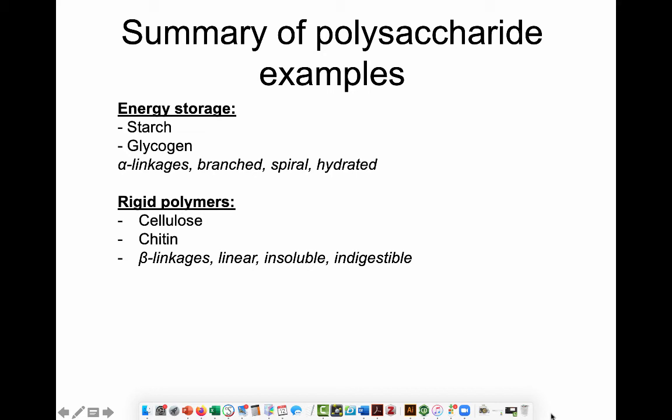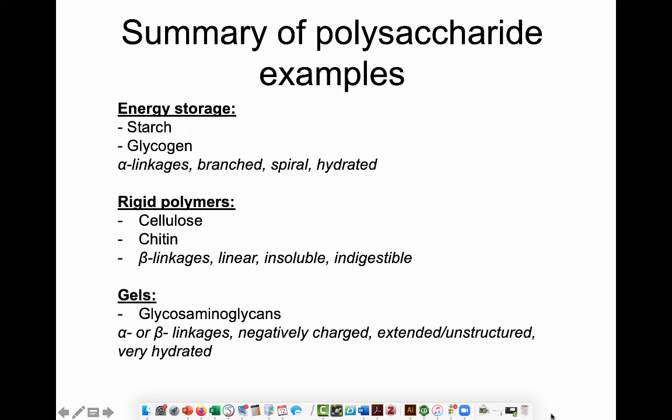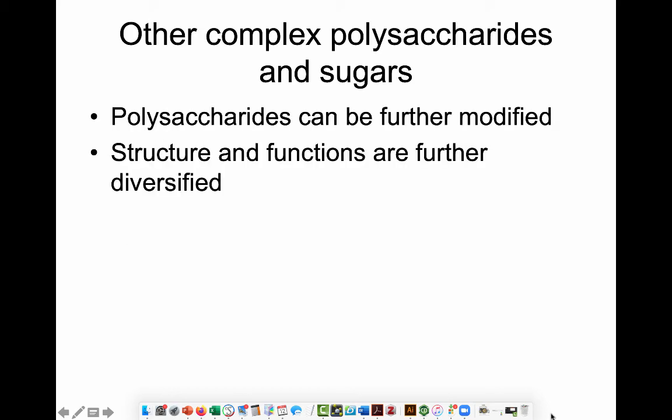They're linear in structure. They tend to be insoluble and indigestible. And then there's gels, like the glycosaminoglycans. These can be alpha or beta linkages. They tend to have a highly negative charge, and they tend to be extended and unstructured as well as very hydrated.